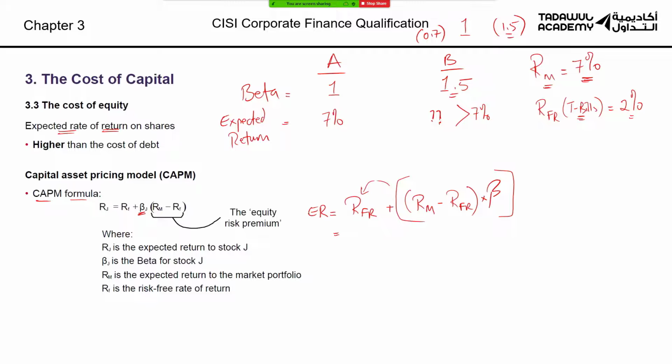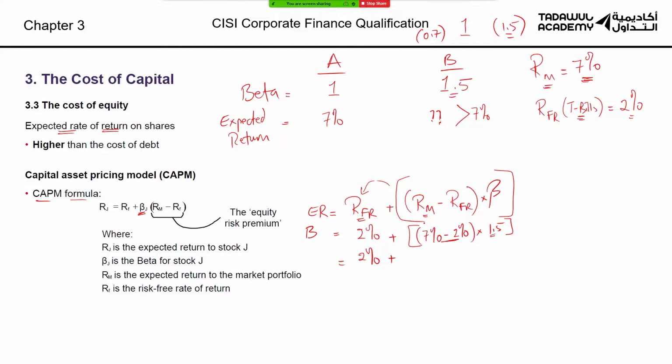So for stock B, the expected return: risk-free is 2%, plus the return of the market is 7%, minus the risk-free again, 2%, times the beta, which is 1.5. So that's 2% plus 7 minus 2, 5% times 1.5, that's 7.5.